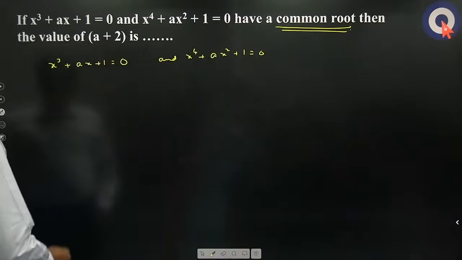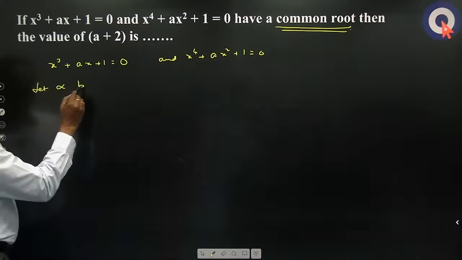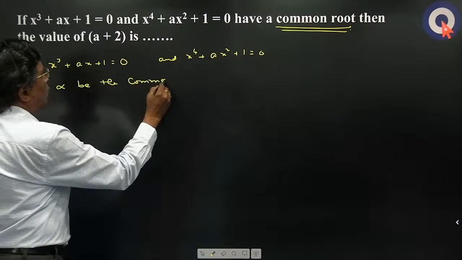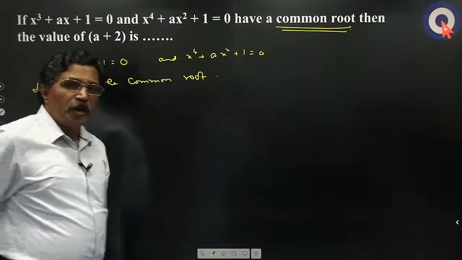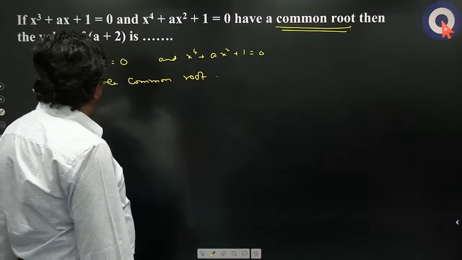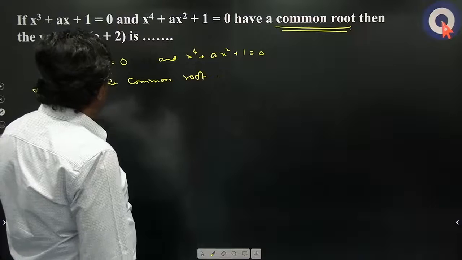So let alpha be the common root here. Alpha be the common root. So can alpha be equal to 1? No, alpha cannot be equal to 1, right?